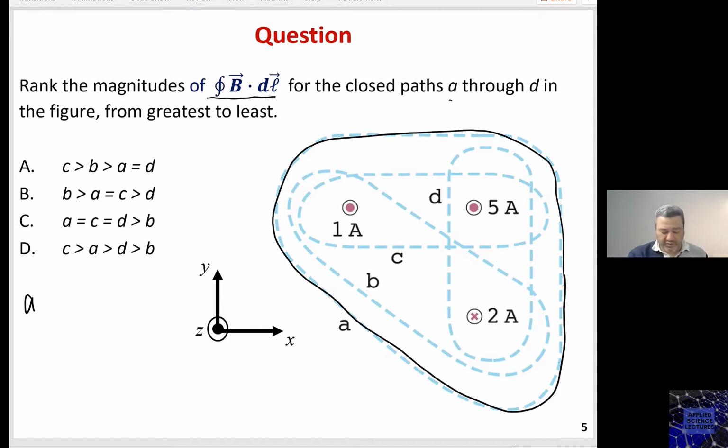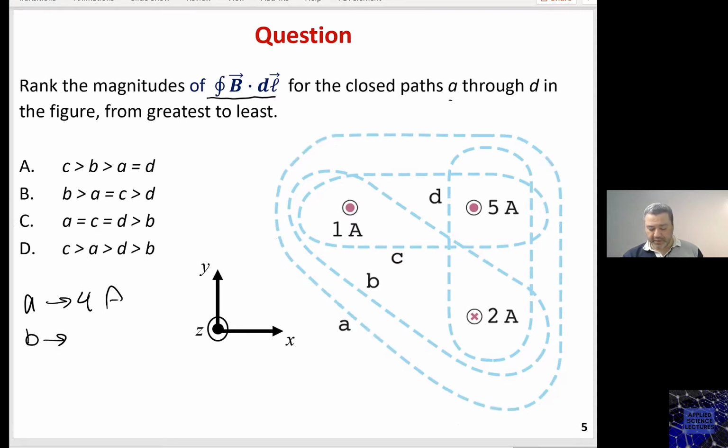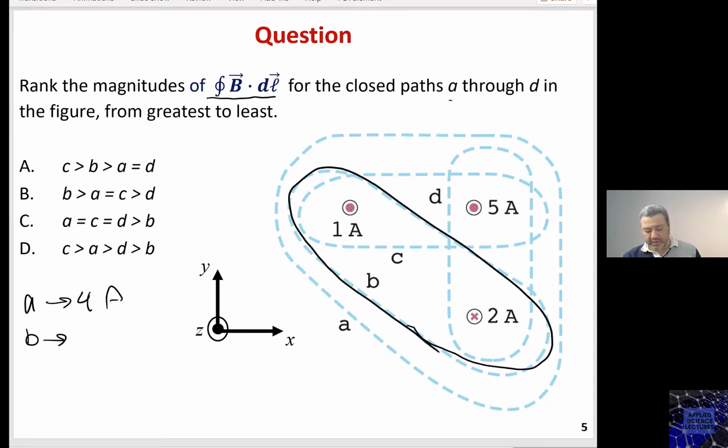So A is giving me 4 ampere magnitude. B is this path where I have 2 into the page and 1 out of the page. The net is -1, magnitude is 1 ampere.